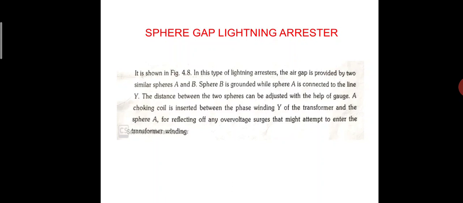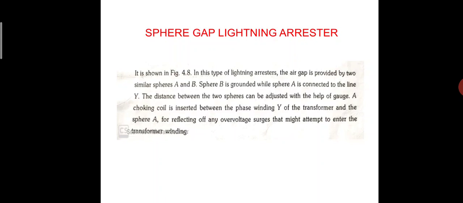In this type of lightning arrester, the air gap is provided by two similar spheres, A and B. Sphere B is grounded while sphere A is connected to the line Y. The distance between the two spheres can be adjusted with the help of a gauge.